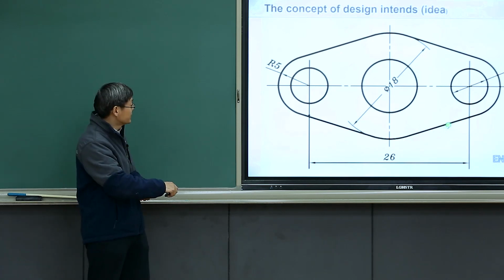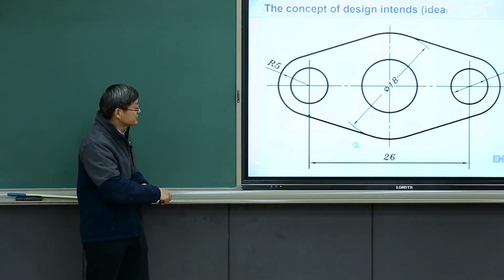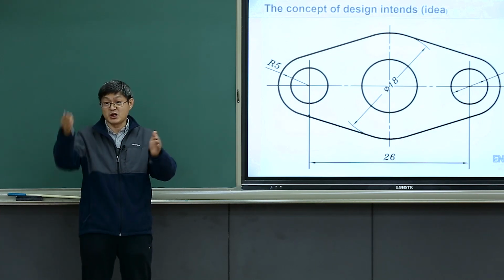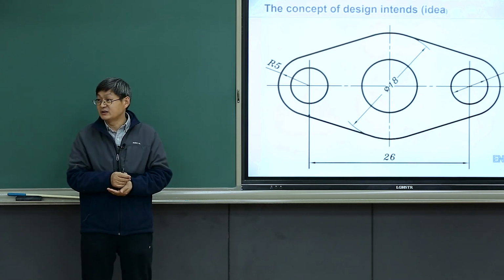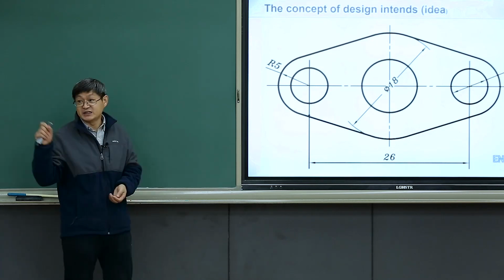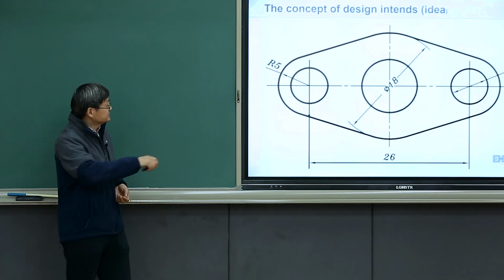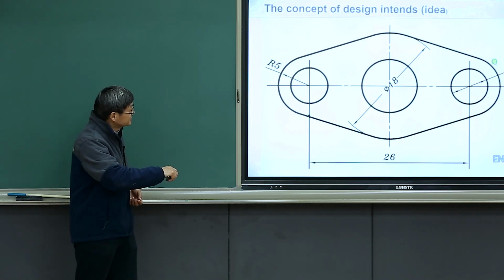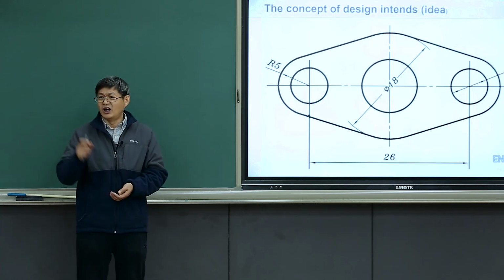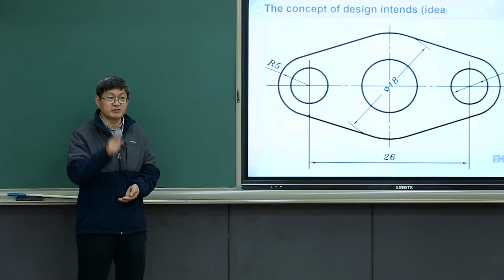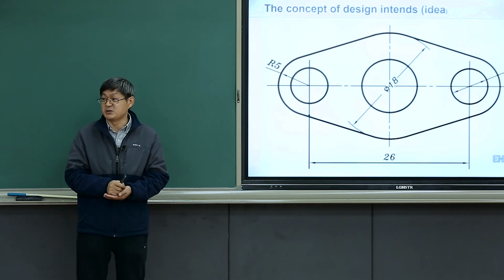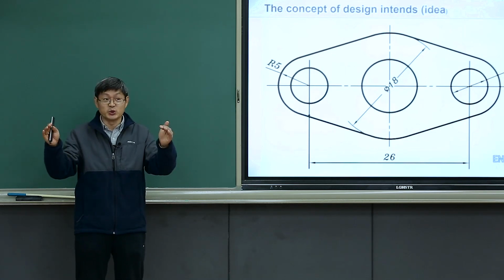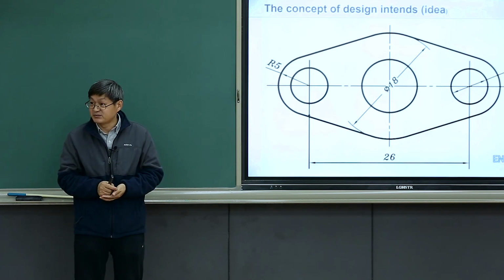And the symmetrical feature means these two circles are always symmetrical about the central line. And the identical element, like this radius and this radius, are always the same. So we only make one dimension, which also means these two are always exactly the same.